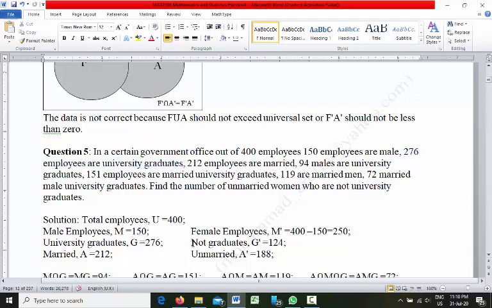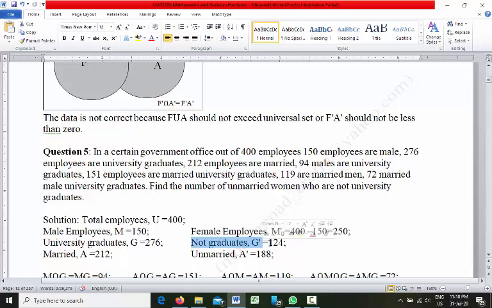So not graduate will be G prime. If we name university graduate as G, then not university graduate will be G prime, which is the remaining employees.